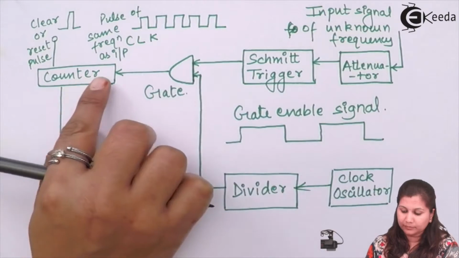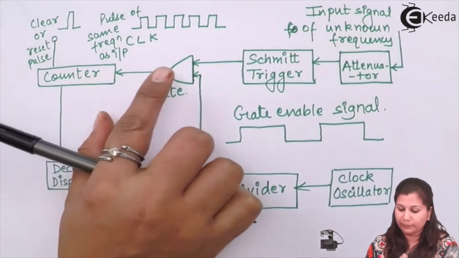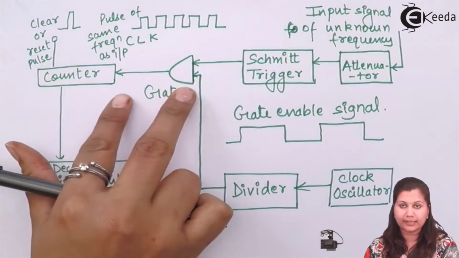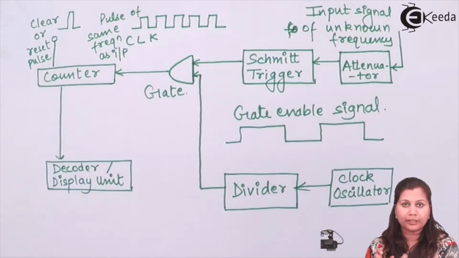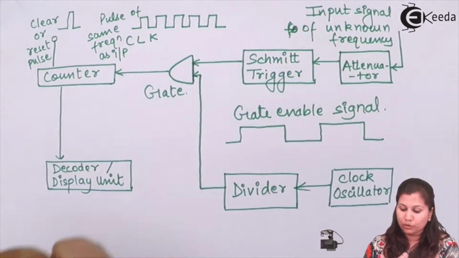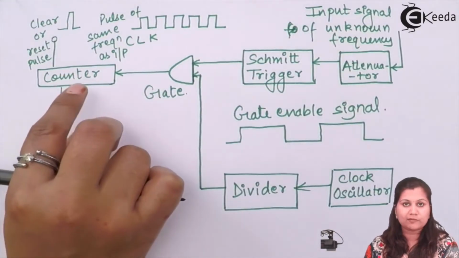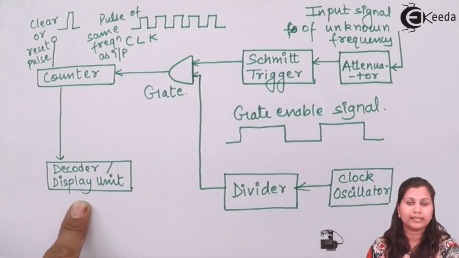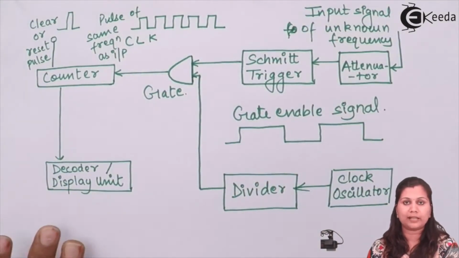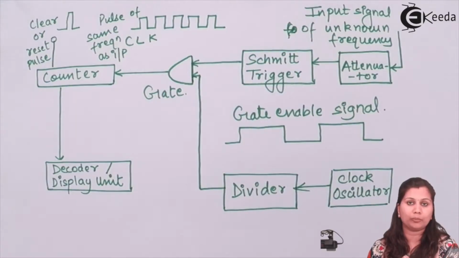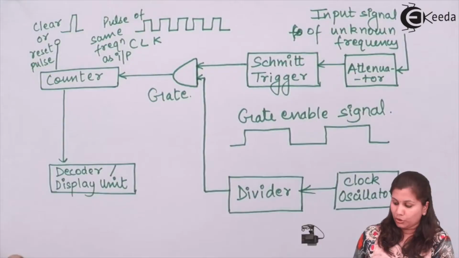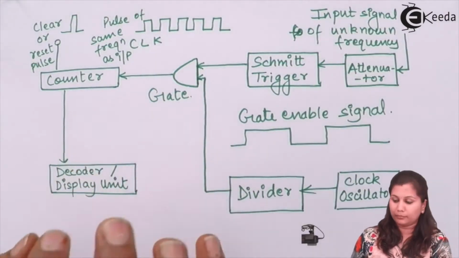The output of this gate is given to the counter, which passes this gated signal for a particular period of time. The counter counts the number of pulses which have passed through it and gives that value to the display unit, and this display unit gives us the output, that is, the frequency of the signal. So this was the basic block diagram.